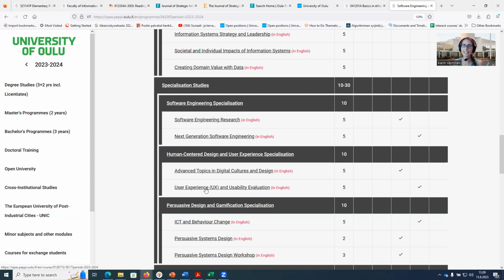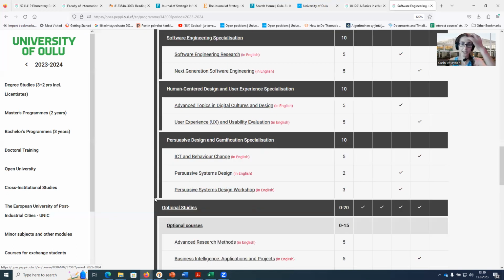So you can say that the additional specialization or individual courses from other specializations than the one you want to take in full are counted as optional studies practically. So that's a very easy way to take.